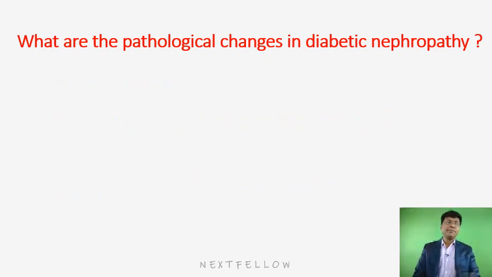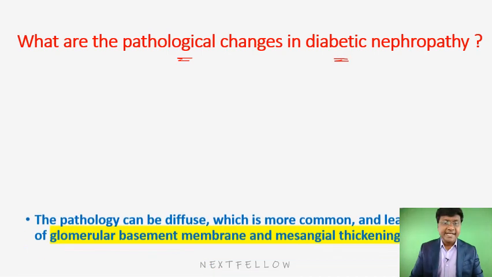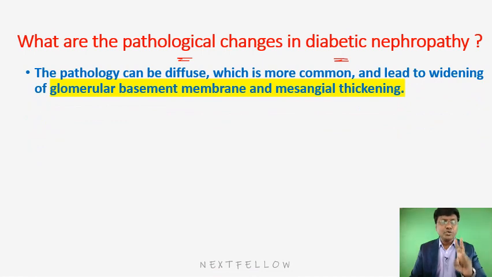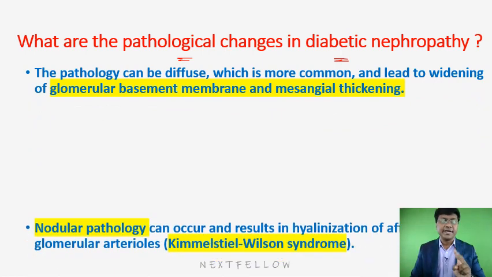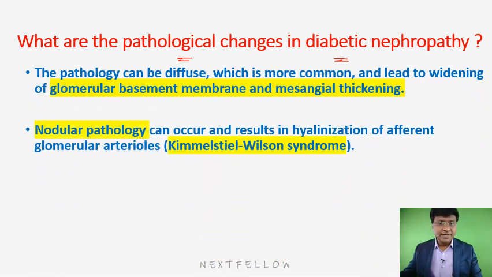Now, the very important question is, what are the pathological changes that appear in the kidney in diabetic nephropathy? Please remember, in diabetic nephropathy, you have two important changes that will appear in the kidney. Number one, you have diffuse changes in the kidney. Then you have the development of nodular changes within the kidney.